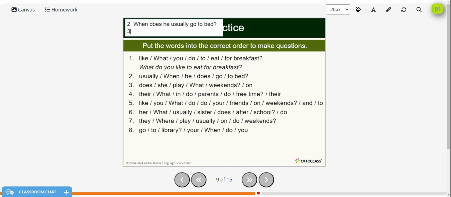All right, number 3. Does she play what weekends on? Okay, so again, the same pattern. What does she play on weekends?